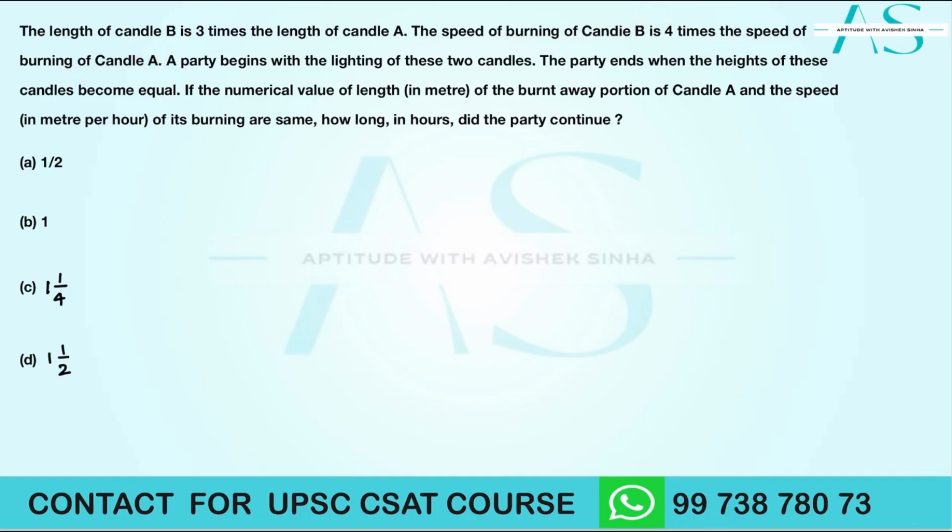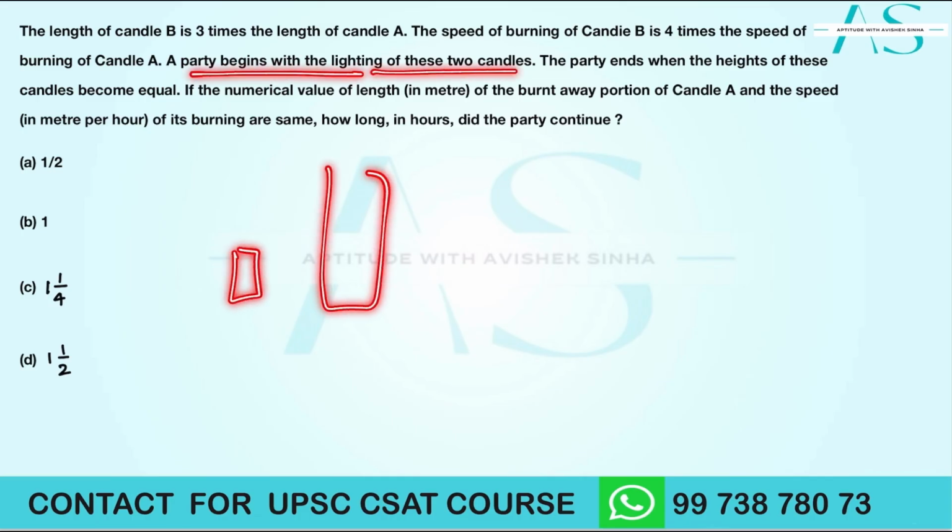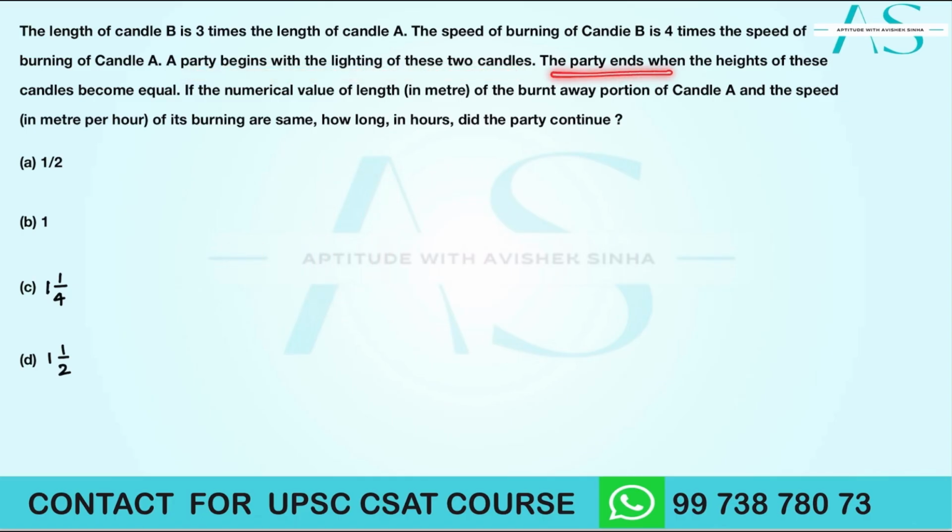A party begins with the lighting of these 2 candles. ये 2 candles हैं, दोनों को लाइट कर दिया. The party ends when the heights of these candles become equal. If the numerical value of length of the burnt away portion of candle A and the speed of its burning are same, how long in hours did the party continue?